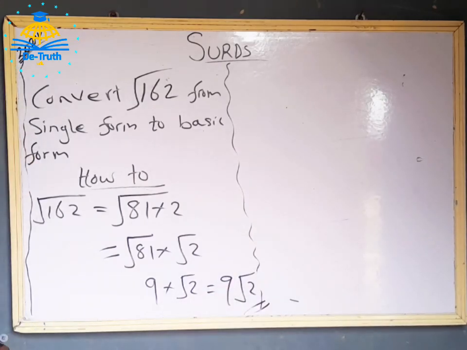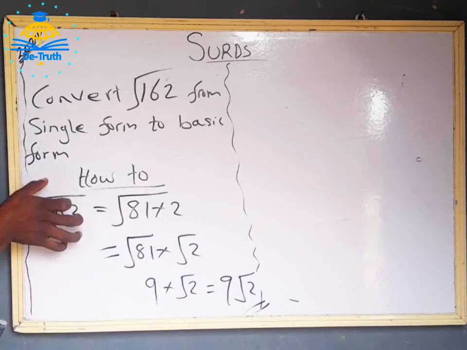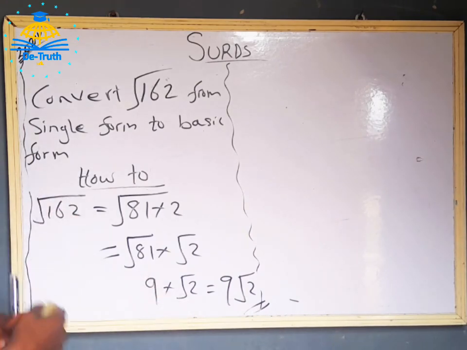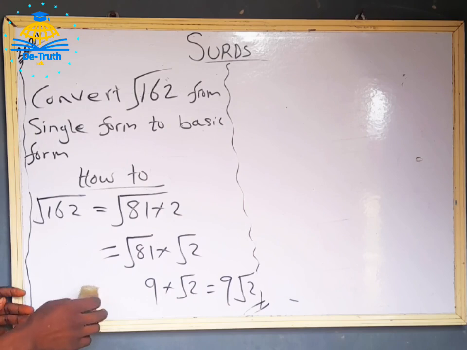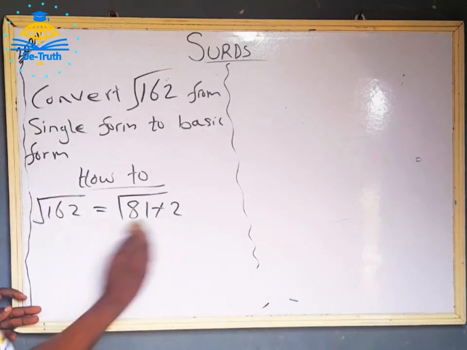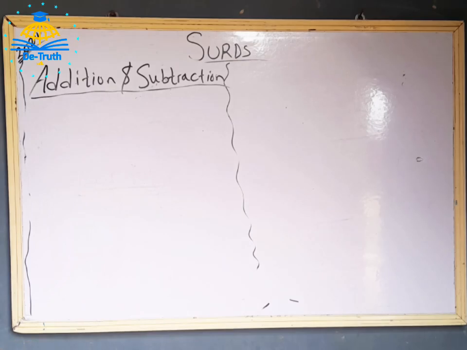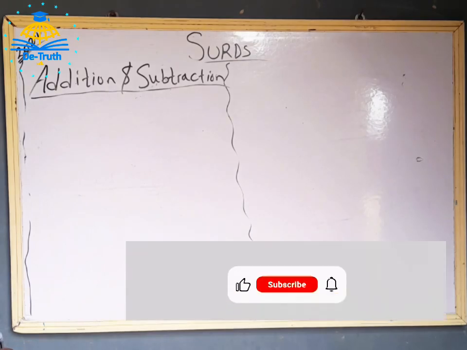That is how to convert from single form to basic form. We use the same method to convert any SURD in single form to basic form. We have just one thing to know before we can try to add or subtract SURDs.